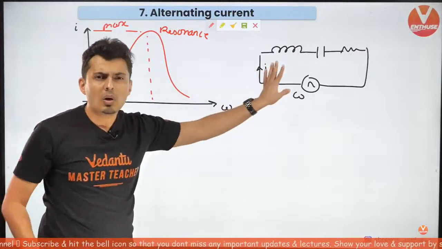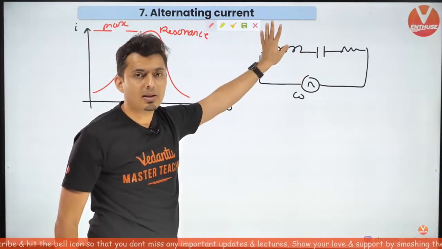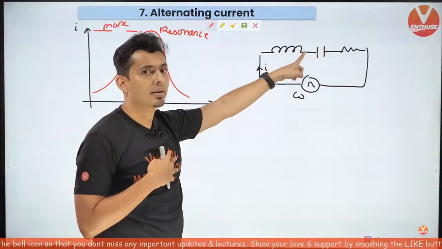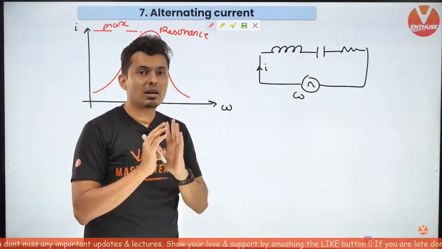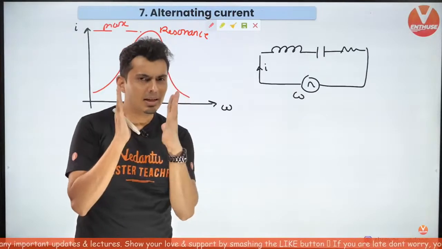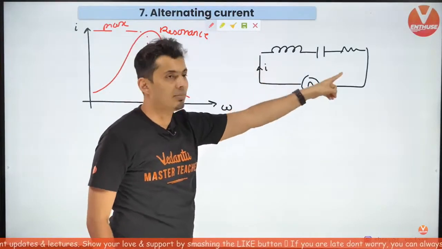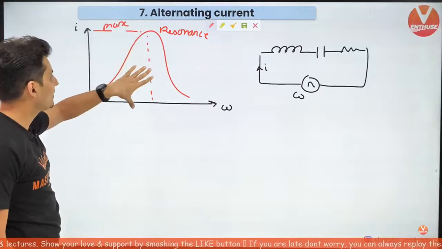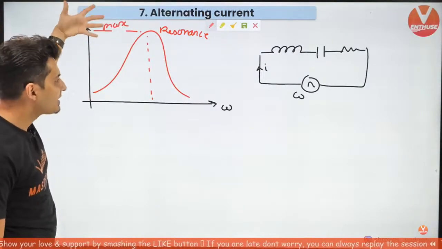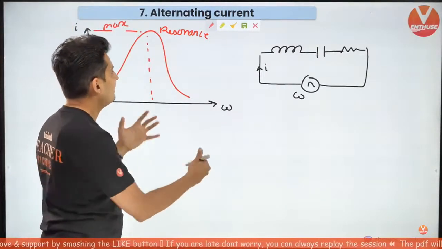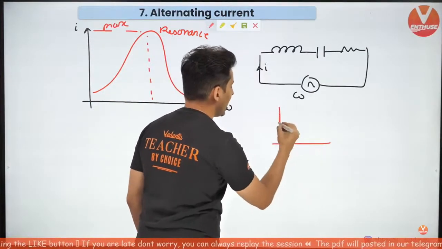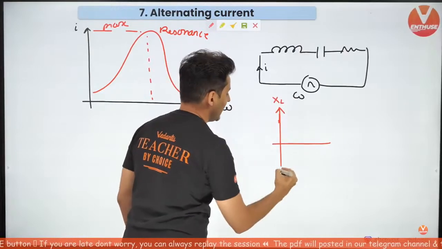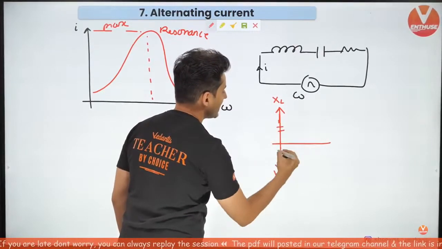Meaning, not all frequencies are favorable or acceptable to this circuit. Some frequencies will resist more. But there is one particular frequency they will accept. That most accepted frequency is when the current is maximum. And when resonance occurs, the XL value and XC value will be equal.